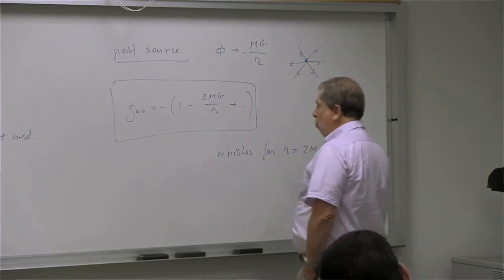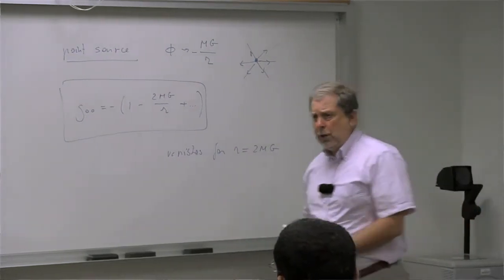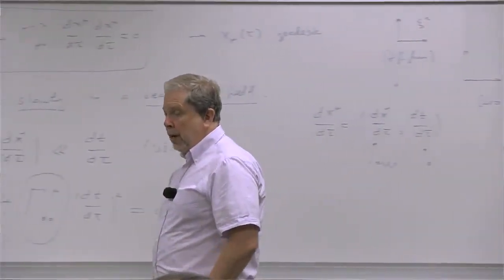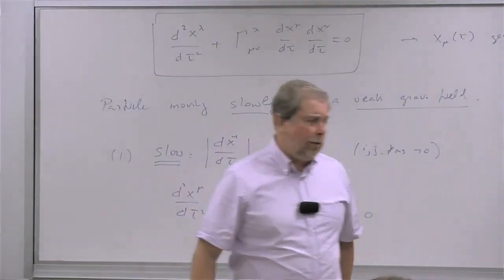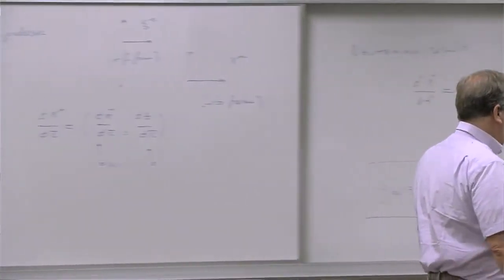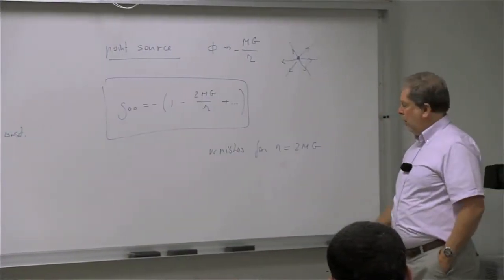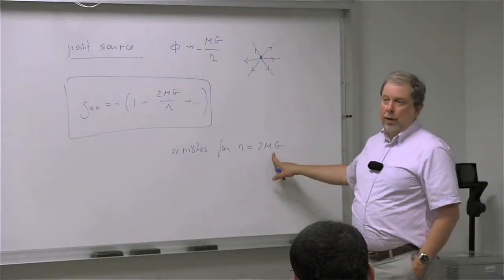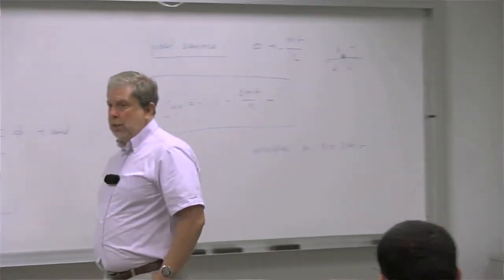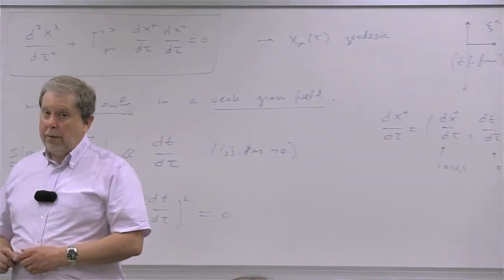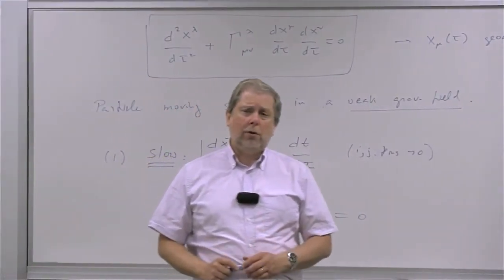That suggests the possibility that if you go to radii or distances which are sufficiently small, comparable to this combination, that is twice the mass of the object, say the sun, for example, times Newton's constant, then the G naught naught, the metric, could vanish.